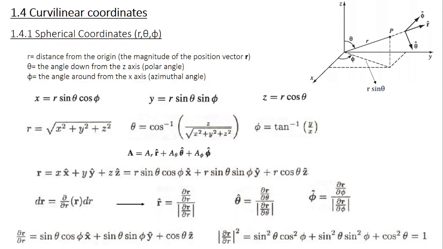Similarly, when you are talking about current in a wire, or charges moving in a wire with a cylindrical shape, here you have a cylindrical symmetry. So in this case, you can choose a cylindrical polar coordinate system. So depending on the symmetry, you can choose a particular coordinate system.